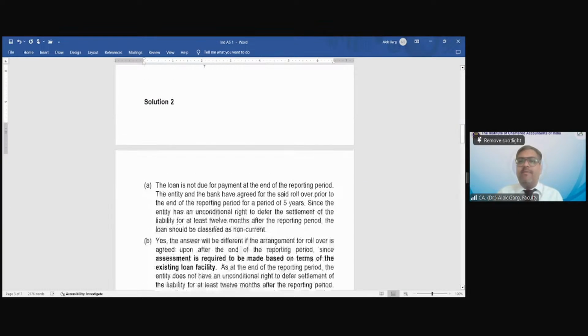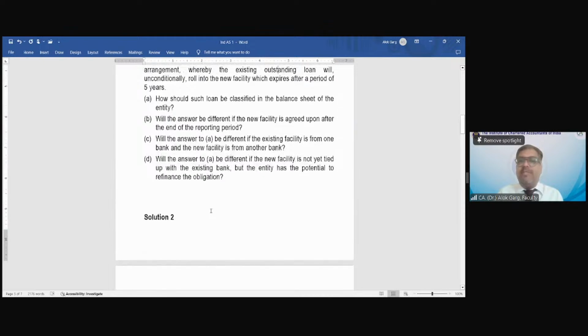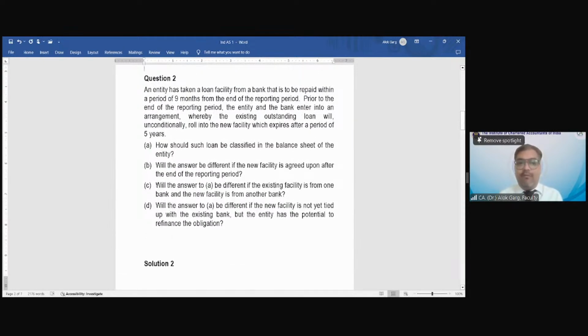Okay. Now, what is the answer of question number C? Will the answer to A be different if the existing facility is from one bank and the new facility is from another bank? Tell me.